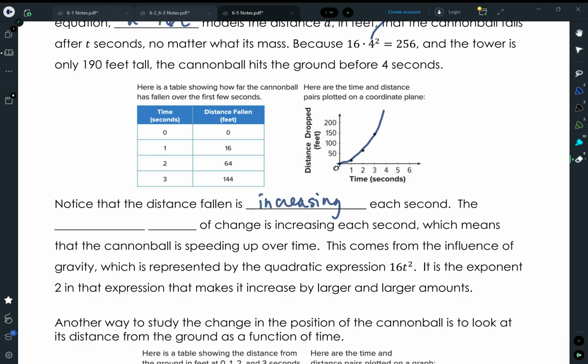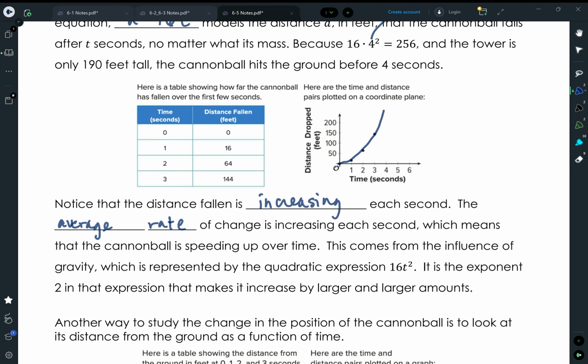The average rate of change is increasing each second, which means that the cannonball is speeding up over time. This comes from the influence of gravity. So that makes sense, right? The longer something falls, the more time gravity has had to affect that object.